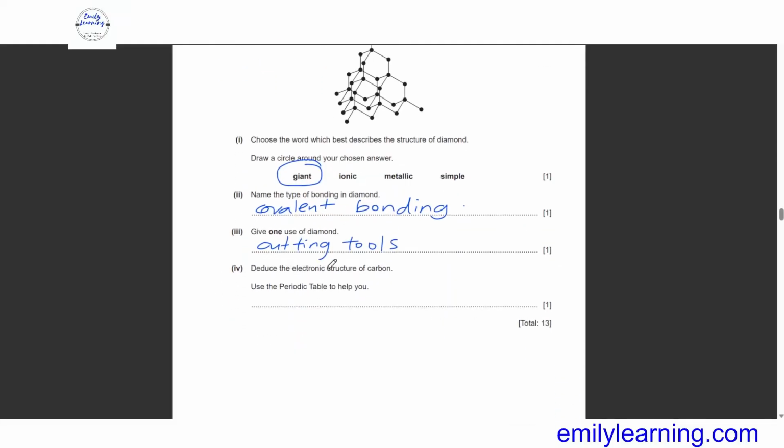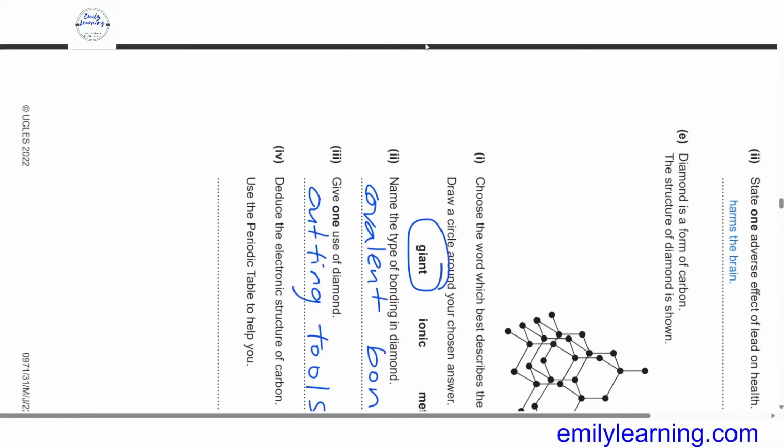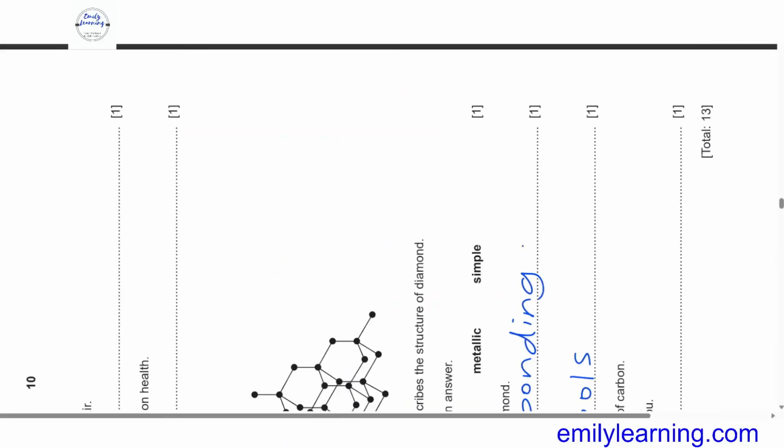So next, deduce the structure of carbon. Use the periodic table to help you. So if we were to go to the periodic table, which is here, so carbon, so if you are interested in the electronic structure, you'll always be looking at the atomic number, which is 6. Okay, so now we know that its atomic number is 6. Let's go back to the question.